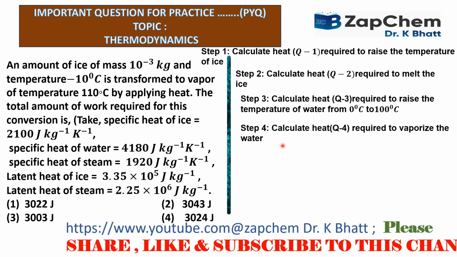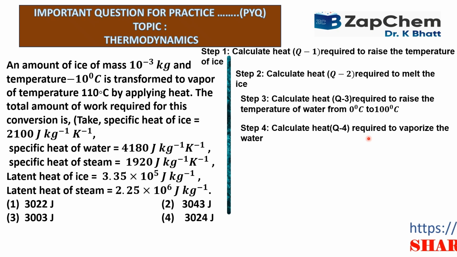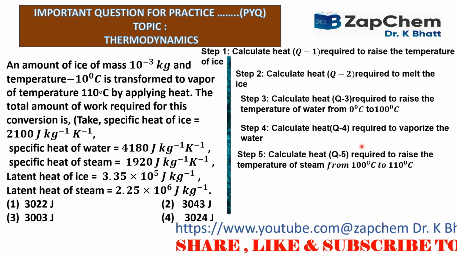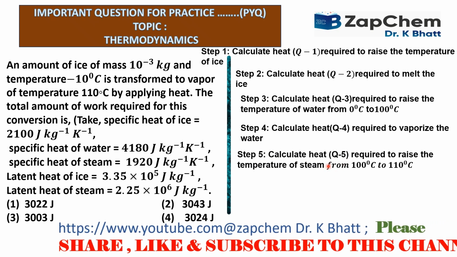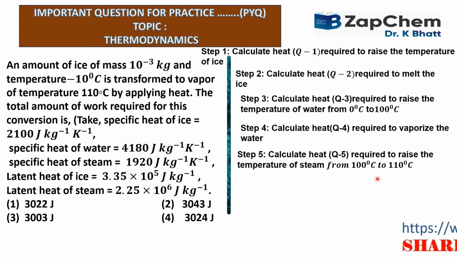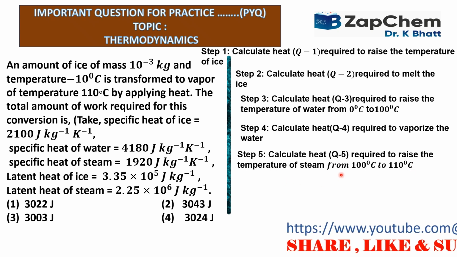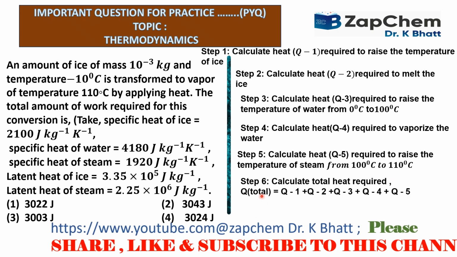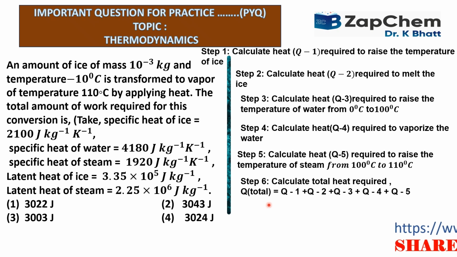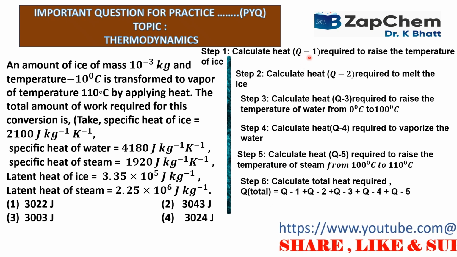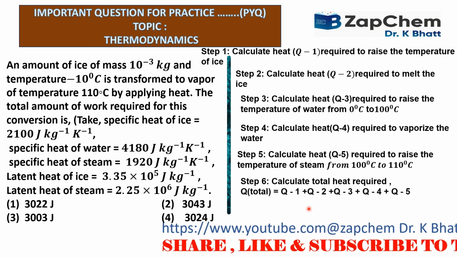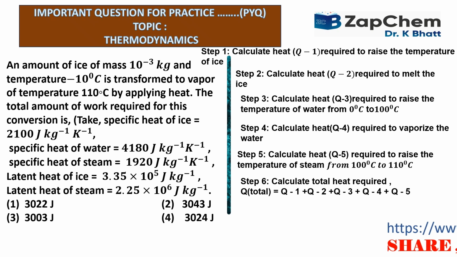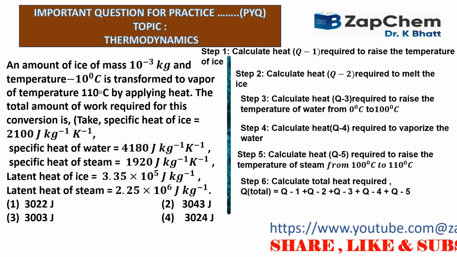Fourth step is to calculate heat, we shall call it Q4, required to vaporize the water. And the fifth step is to calculate heat Q5 required to raise the temperature of steam from 100 to 110 degrees Celsius. Finally, our sixth calculation will be adding up the different heat changes Q1, Q2, Q3, Q4, Q5 to get the total heat change, delta Q total.